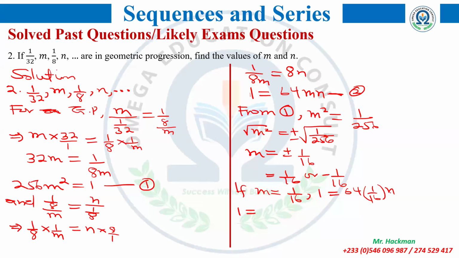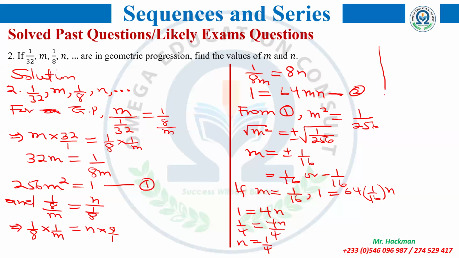This is not a power. It will give you 4. So 4n. Am I right? Yes, please. Okay, so I write it again before I divide over 4/4. So in this case, my n will be equal to 1/4. Am I right? Yes, please.